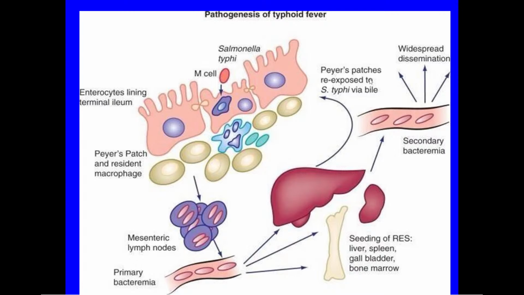And here you can see what happens with Salmonella typhi getting into the body, getting into the macrophages, then getting into the bloodstream, and this is primary bacteremia, then spreading to the bone marrow, gallbladder, spleen, and liver, where they multiply again.